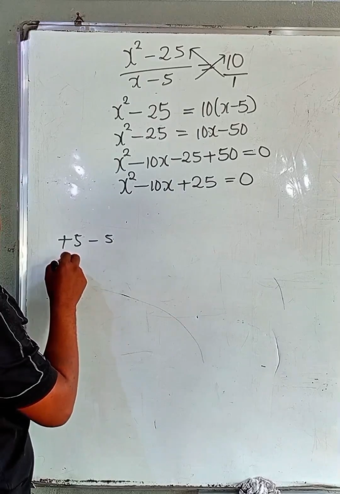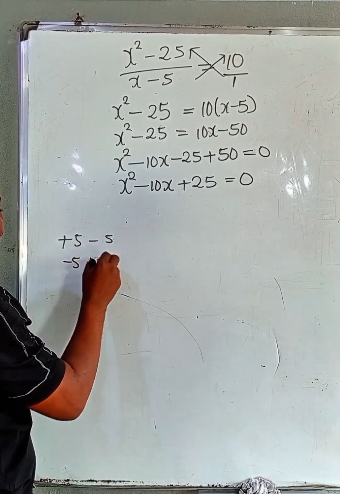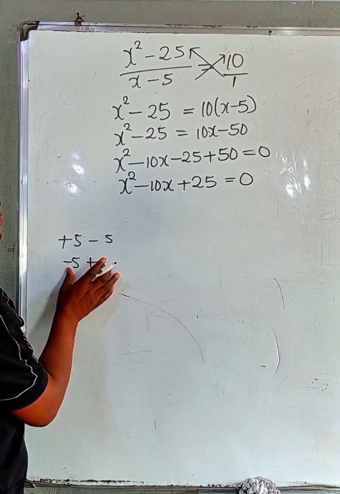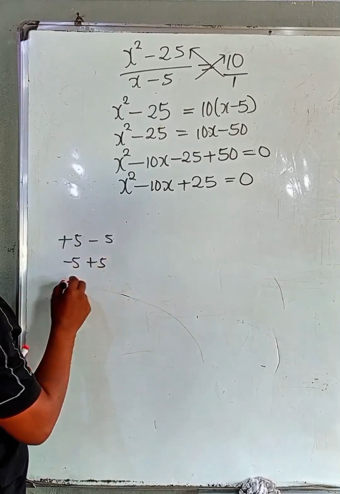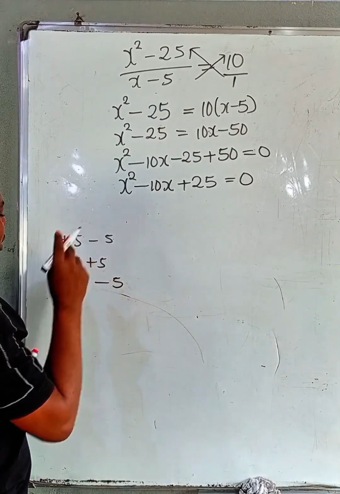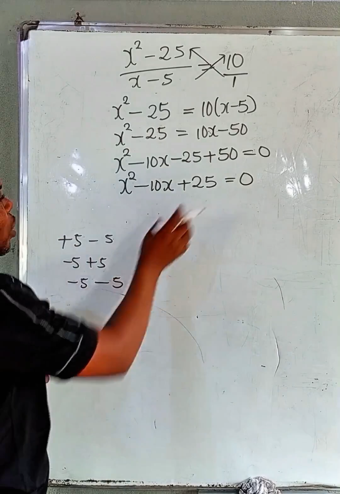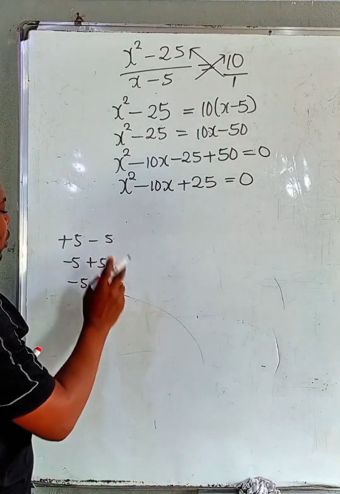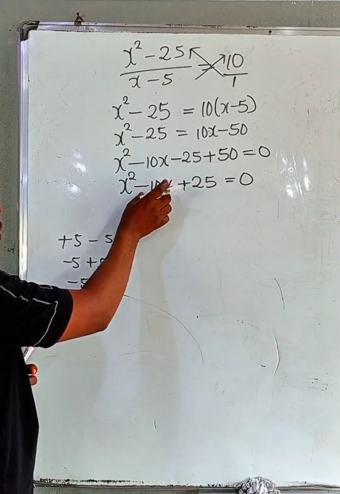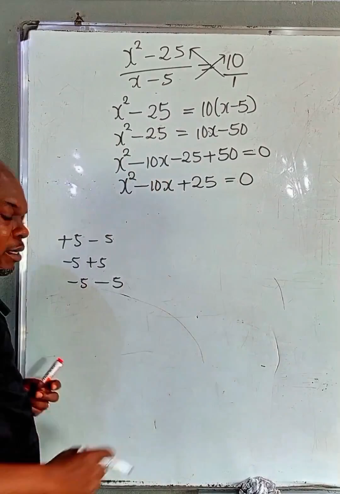Minus 5 plus 5 still gives us the same thing; if you add them, it will give you 0. So we have negative 5, negative 5. Negative 5 times negative 5 will give us positive 25, while negative 5 plus negative 5 will give us negative 10.